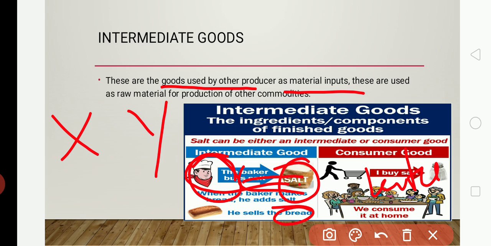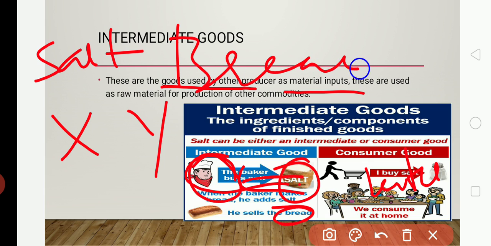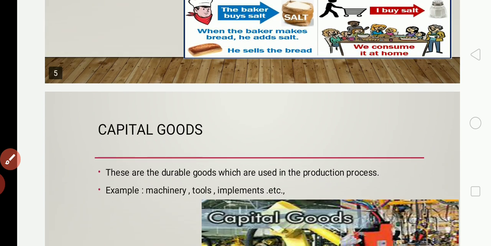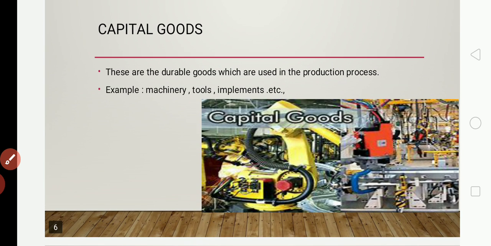Such goods are called intermediate goods. So X produced salt and Y produced bread. This good is produced by one person and used by another producer. Such goods become intermediate goods. Okay, next we'll see capital goods.